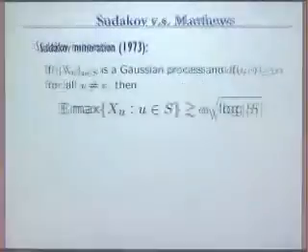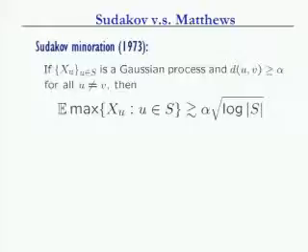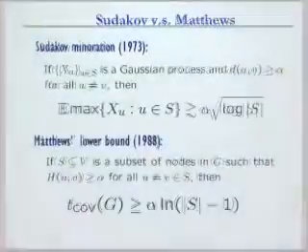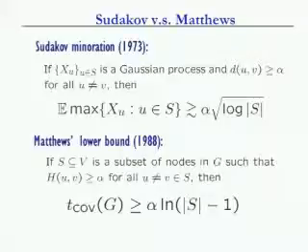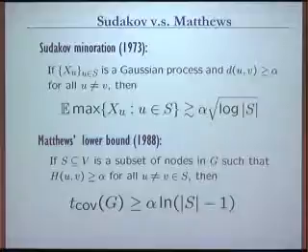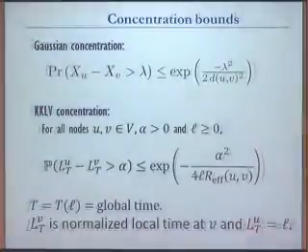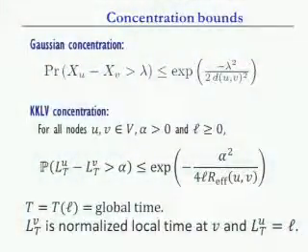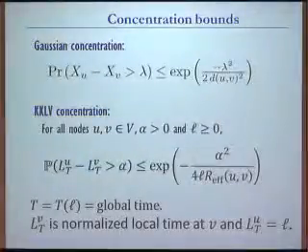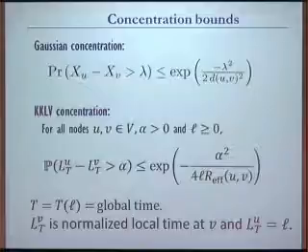I'll give these parallels in a minute. Again, Sudakov minoration is what I told you just a moment ago, and that's the parallel with Matthew's lower bound. This is just concentration of Gaussian variables: the probability the difference is bigger than lambda is bounded by e to the minus lambda squared, once you normalize by the variance, so the variance is this distance.